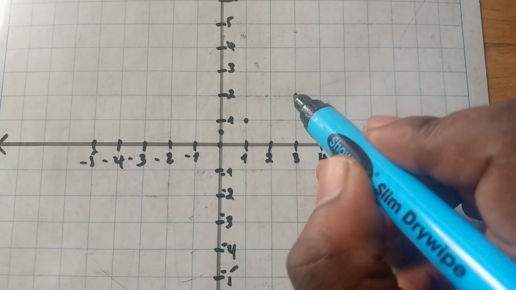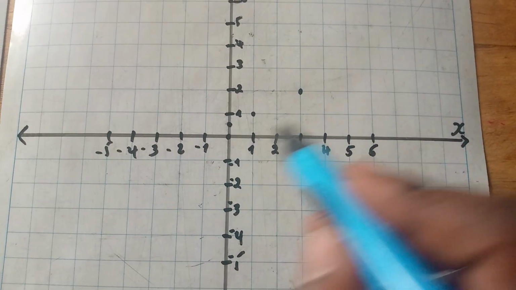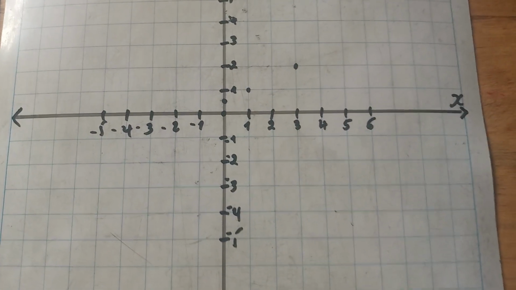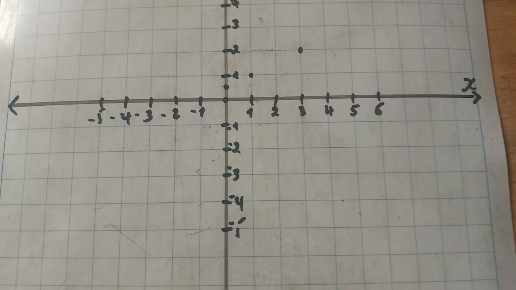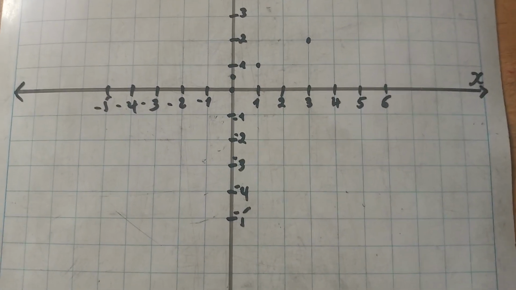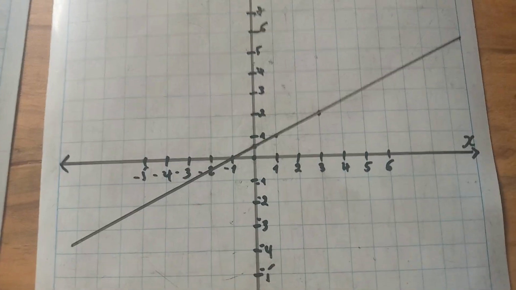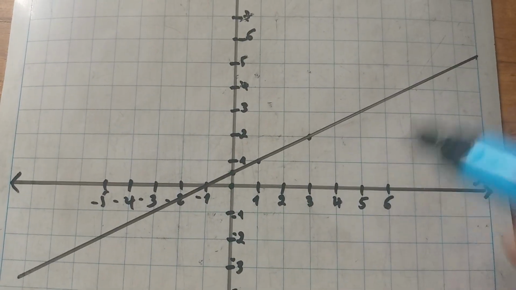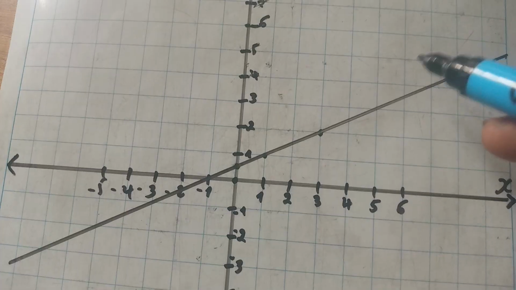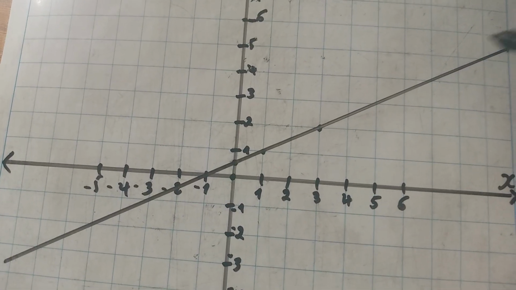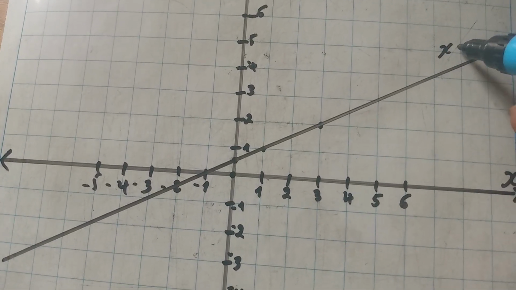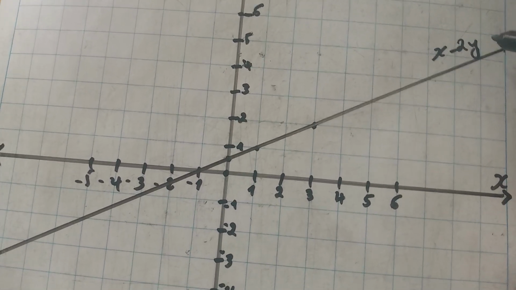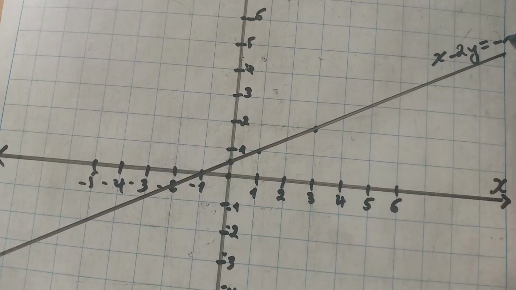So we have to join these points by using a straight line, as it is visible here, they are on a straight line. So let us join them by using a line. Here you have the line which is representing the equation x minus 2y equals -1.